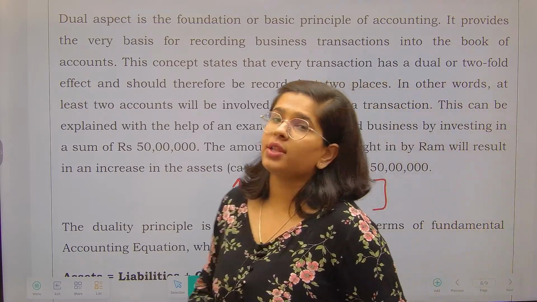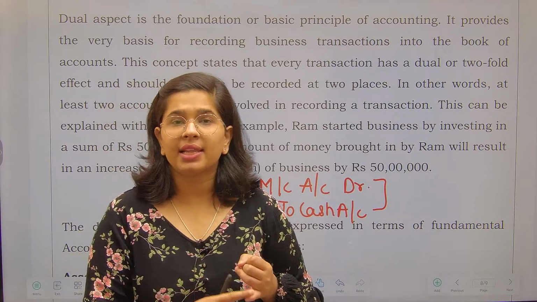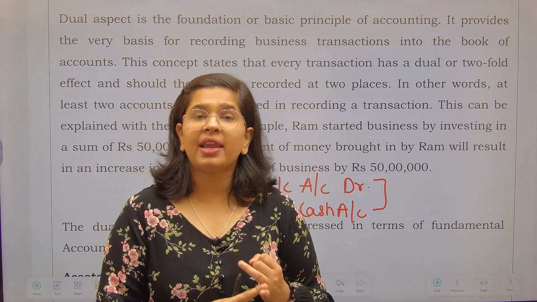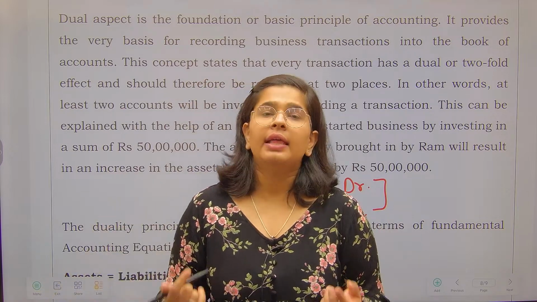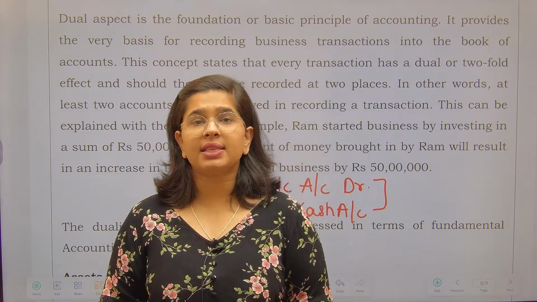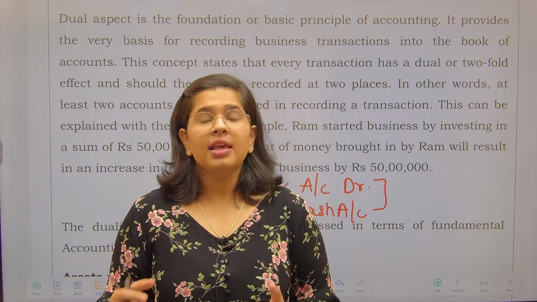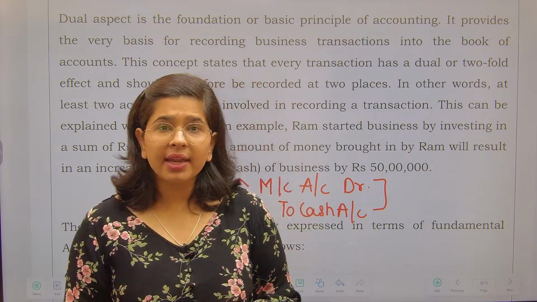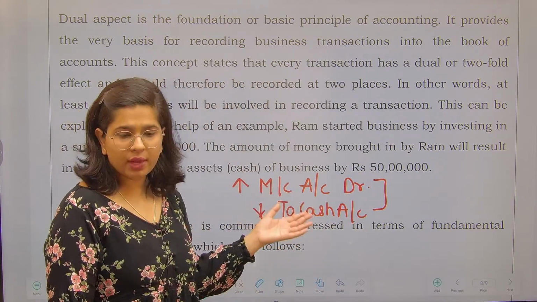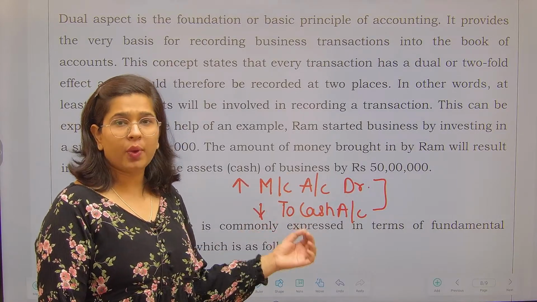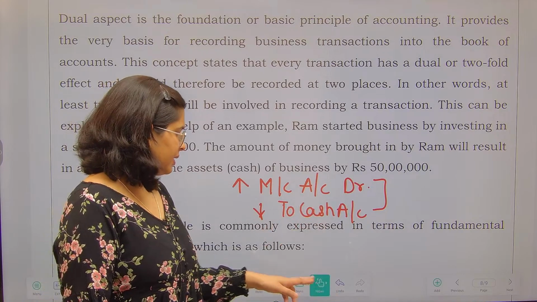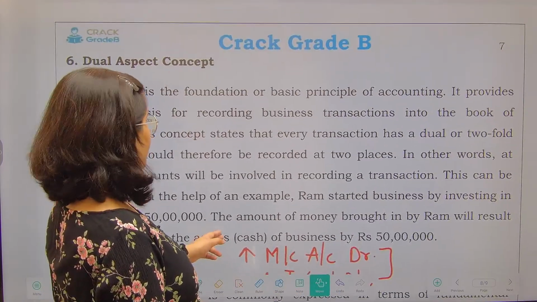Because of this dual concept, our trial balances match. Our balance sheet matches. Both sides of the balance sheet are equal. Both sides of the trial balance are equal. So this is why they are equal, because in preparation of accounts, we follow the duality concept. Now let's see what the duality concept is.